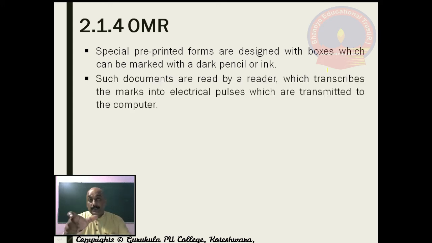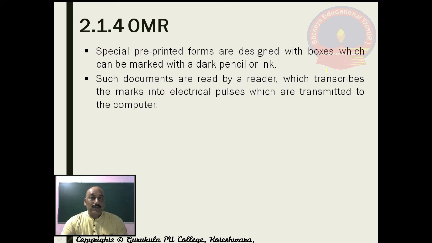One specific paper will be there, and the format will be in that format itself. That document will be read by one specific reader, which we call the OMR scanner. It will be converted into electrical pulses and transmitted to the computer.